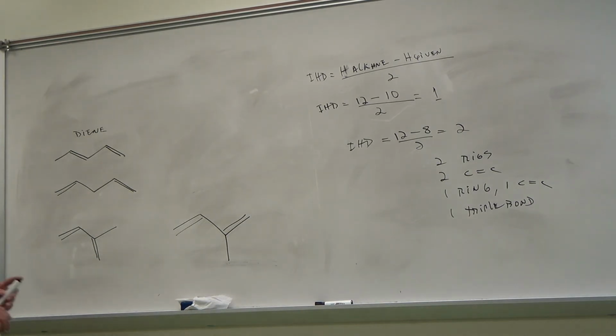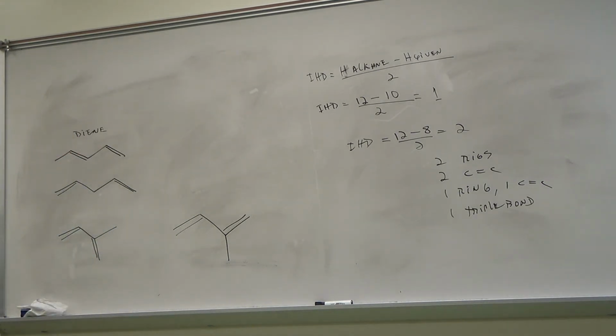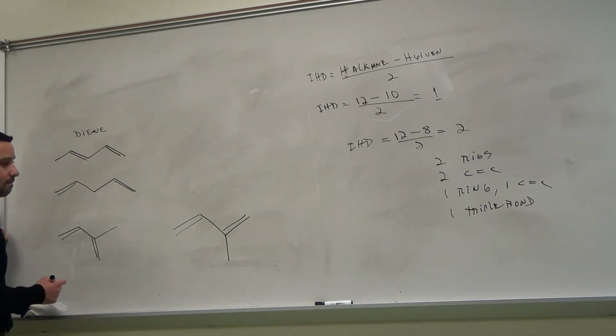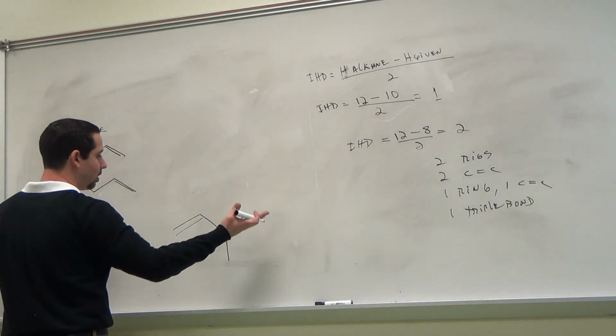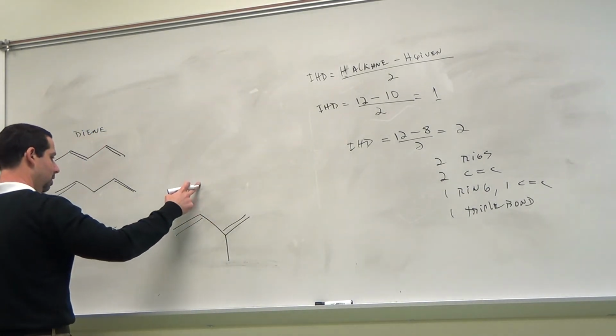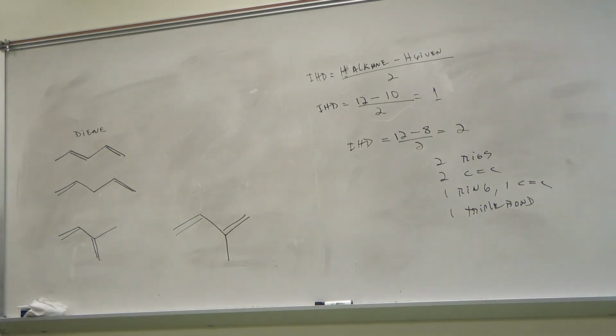Can you put one in at the top? Would it be different if the double bond on this side was on top? Yeah, that was my question. See how you move the bottom double bond to the top? That bottom one, you just put it on top. On the first carbon, yeah. The bottom line, on this carbon.